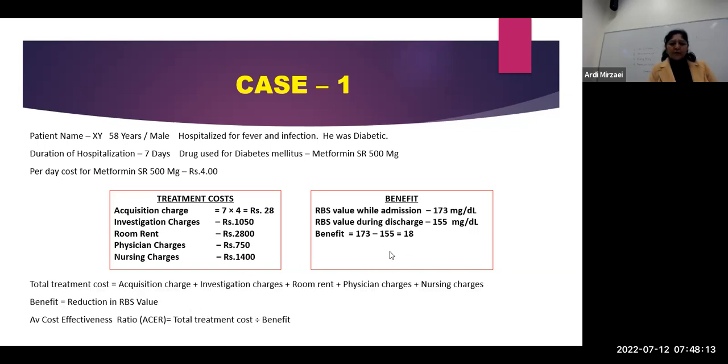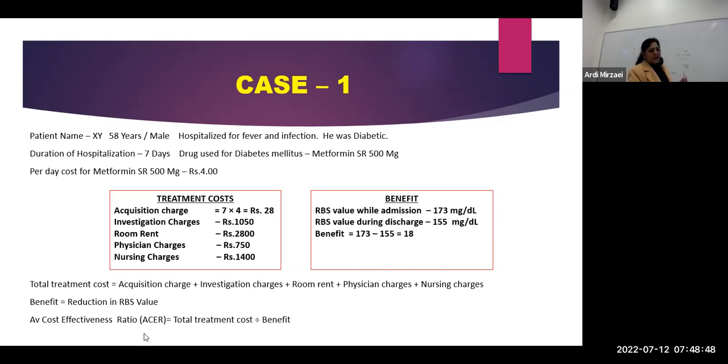So for the benefit of 18, it is costing 1,400. For one per unit benefit, what does it cost? So 1,400 divided by 18. Total treatment cost is 1,400, benefit is 18, so we need to calculate that.